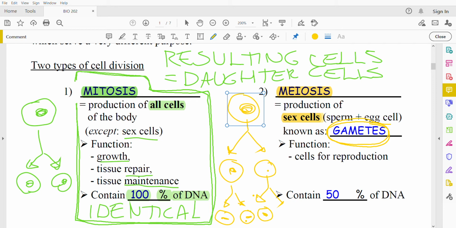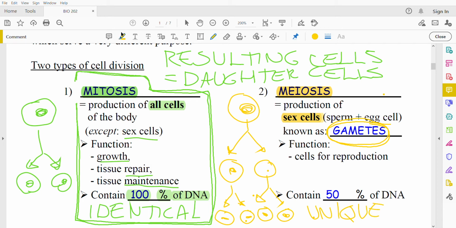And all of these 4 daughter cells will have a unique combination of DNA within them.